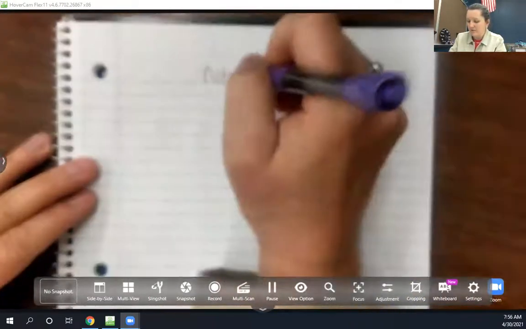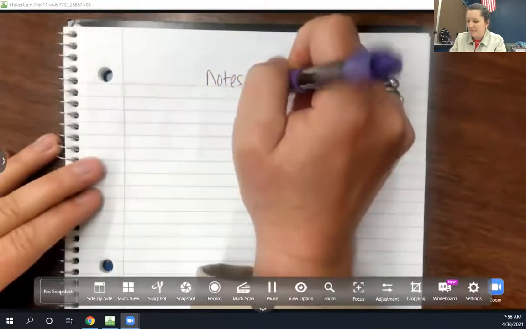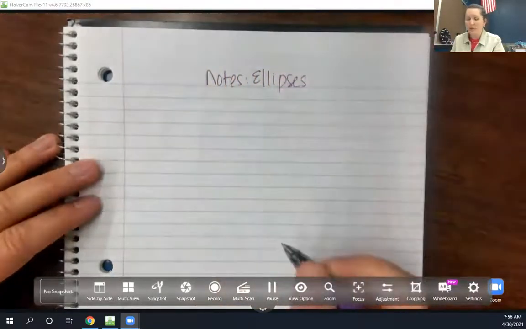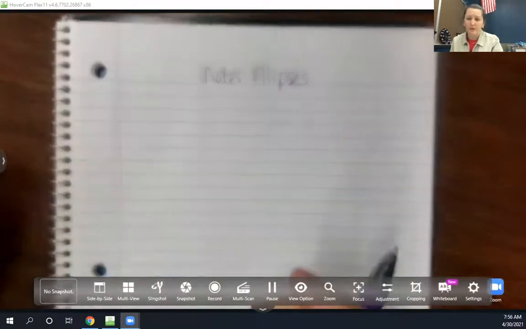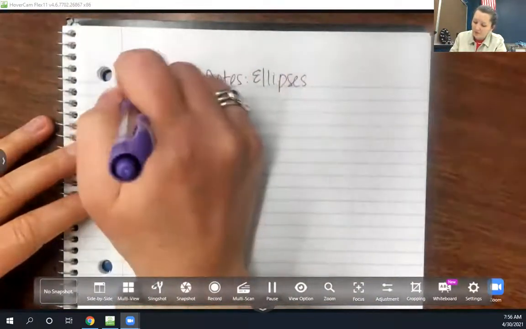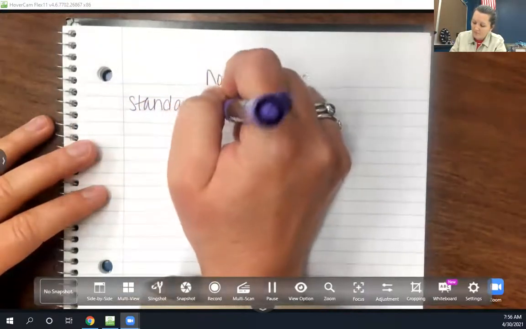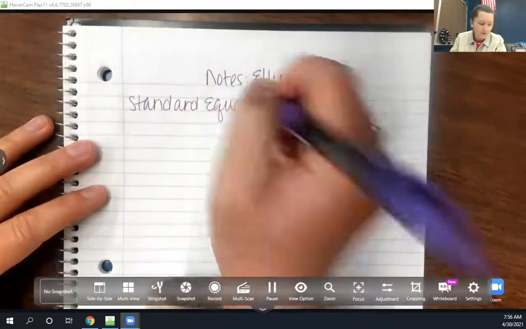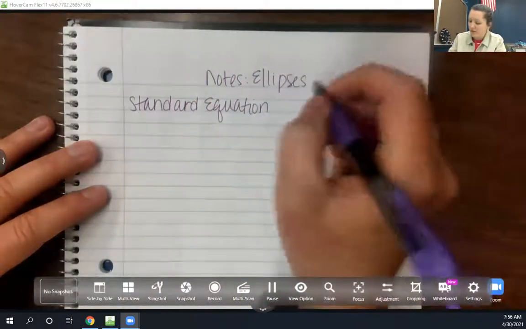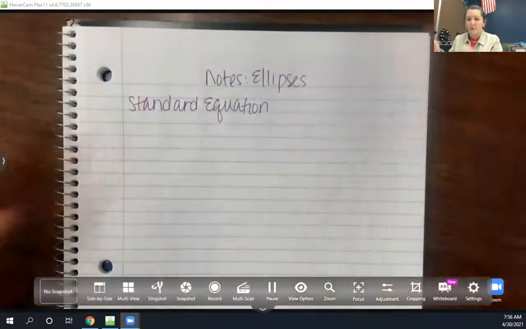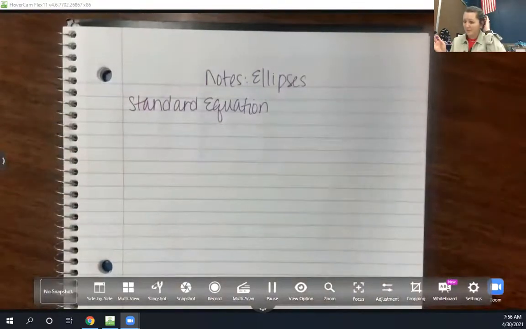So I'm going to start our talk here with ellipses, and let's talk really quickly about some vocabulary terms. Here's our standard equation of our ellipse, and we'll talk about the differences between the types of ellipse. There are two types of ellipses.